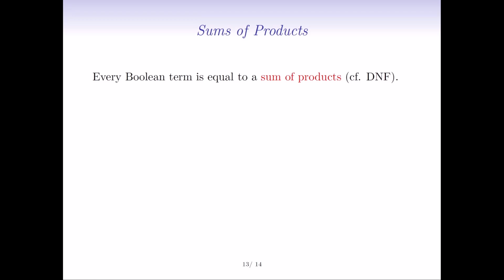The last thing that I wanted to talk about related to Boolean algebra is the sum of product form of Boolean terms. So a sum of products in Boolean algebra is essentially the same thing as a disjunctive normal form formula in propositional logic.